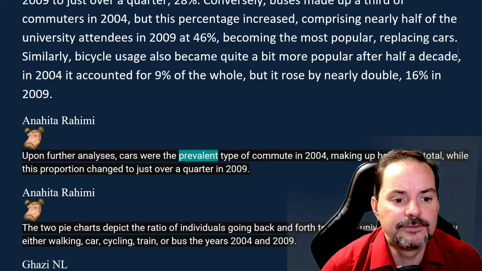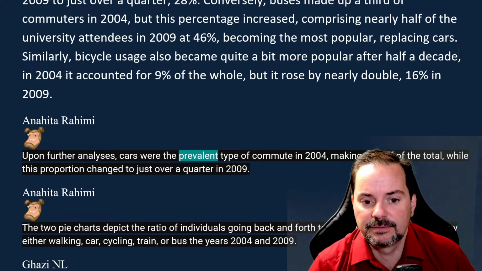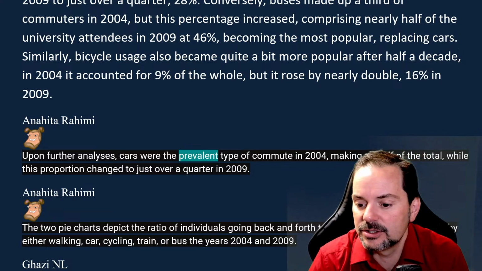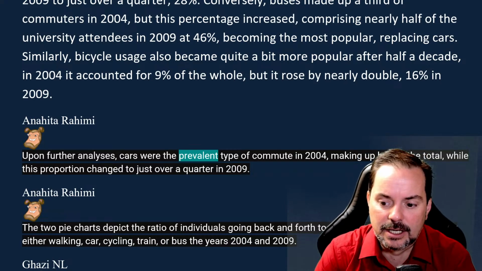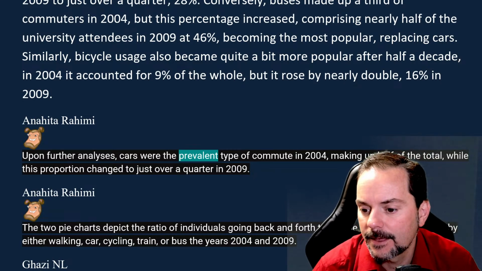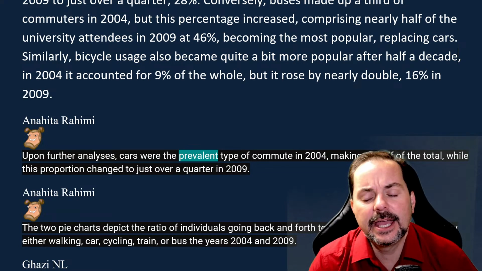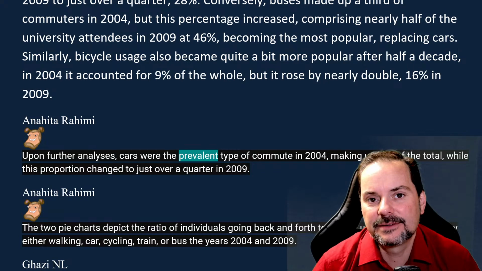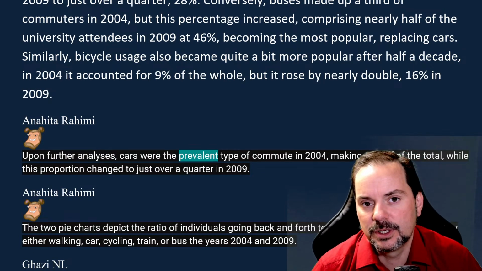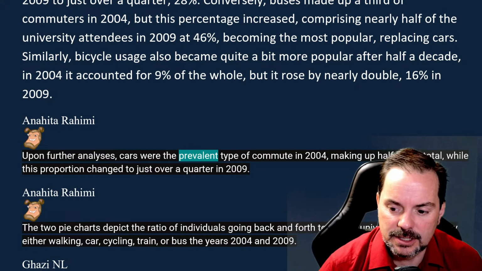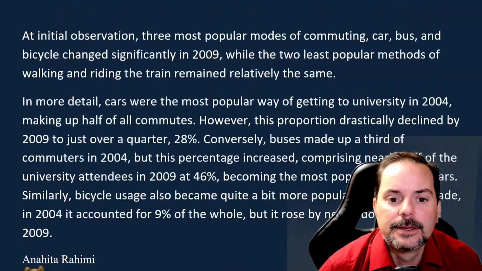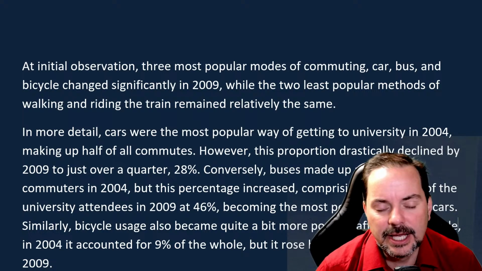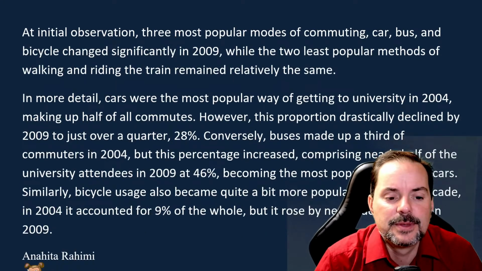In 2004, it had accounted for 9% of the whole, but it rose by nearly double, 16% in 2009. Okay. Yeah, Angel, again, the 4% difference there is significant between 20 and 16, in my opinion. Okay. All right. Again, it depends on what kind of data you're looking at, but I think it's significant anyway.